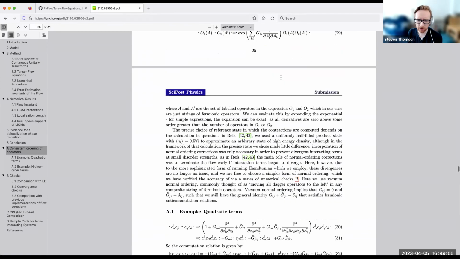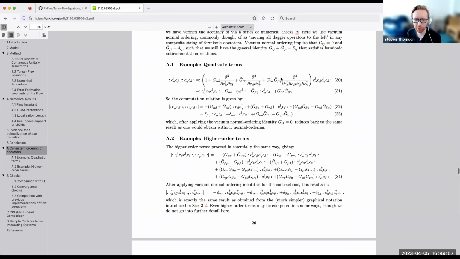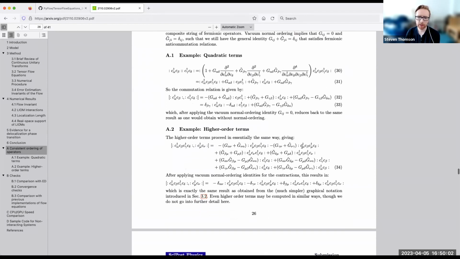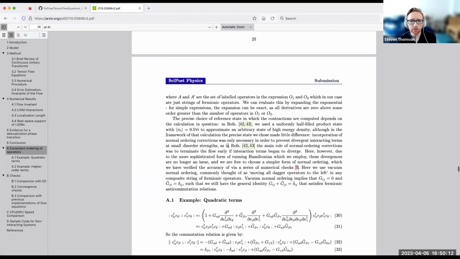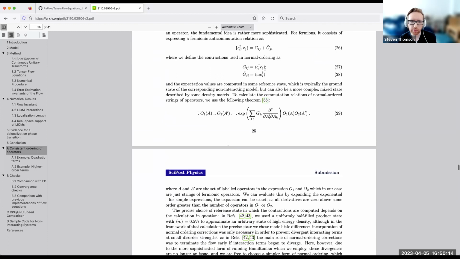So there's a ton of maths and normal ordering here. For example, this thing in equation 34, this is the commutator of two normal order terms, a fourth order term and a second order term. These G's are contractions, they should be written somewhere above. They're just this, right? It's just an expectation value in some reference state.